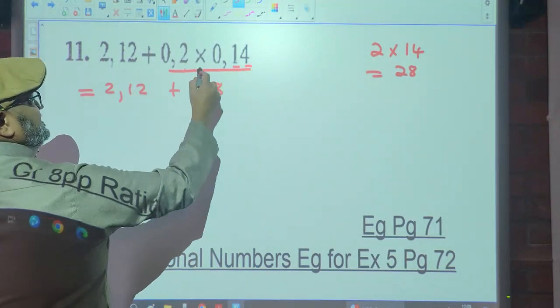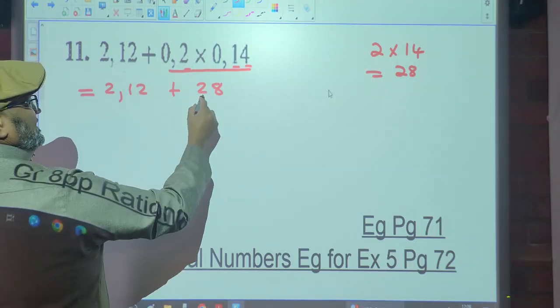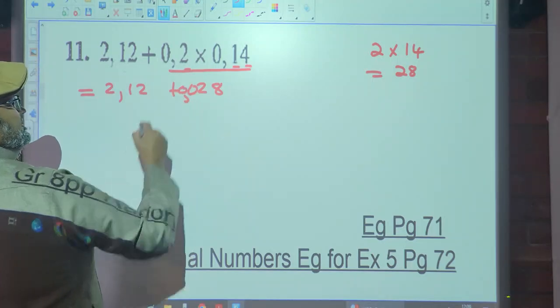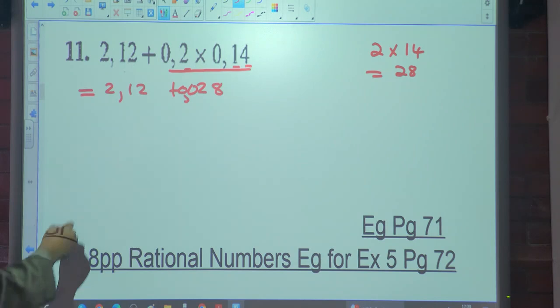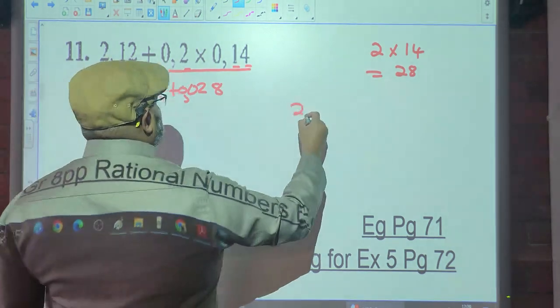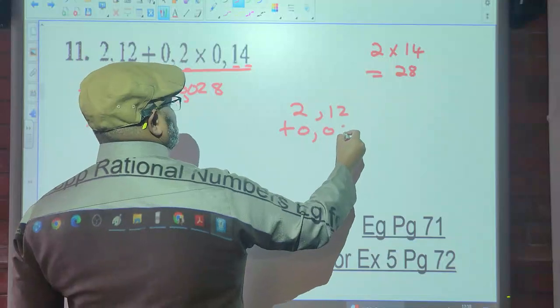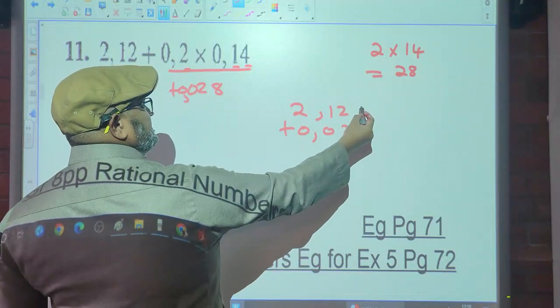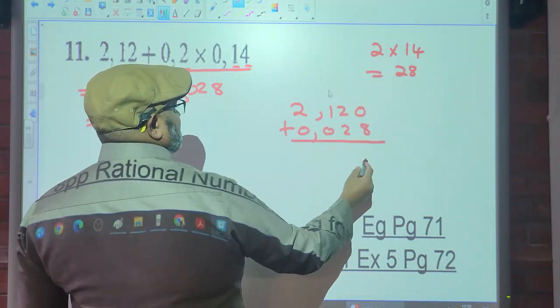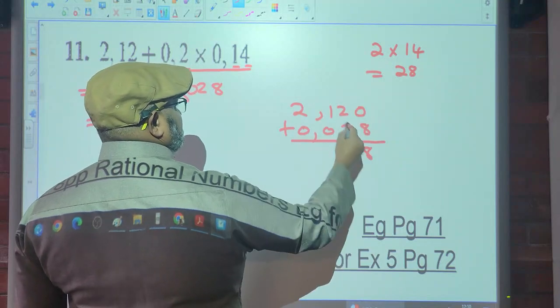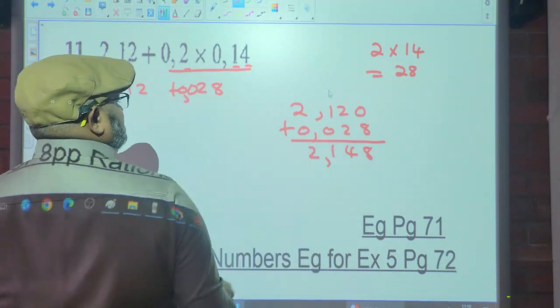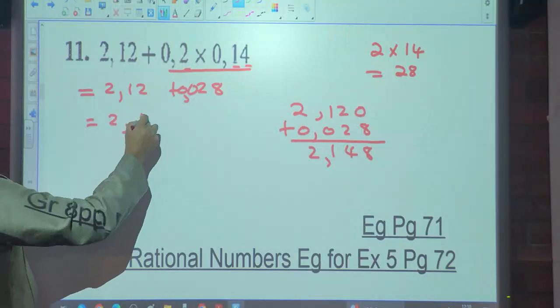However, how many digits are after the comma? 3. So it's 1, 2, 3. So what I need to do now is say 0,212 plus 0,0028. So what must I write here? 0. So 0 plus 8 is 8. Answer is 0,2148.